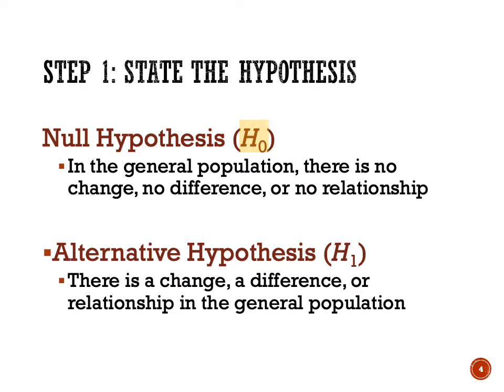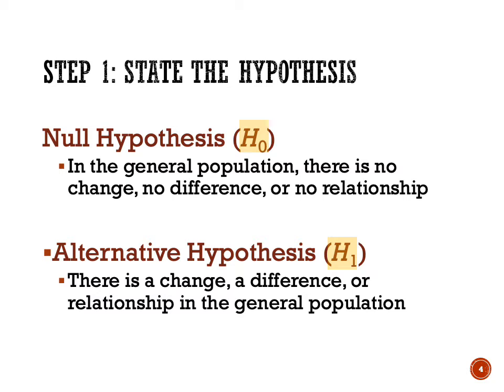The alternative hypothesis is the contender. So this is that there is an effect, there is a change, there is a difference, or there's a relationship between whatever variables you're studying. And so that's denoted as H sub 1, or some people use H sub A for alternative. So with hypothesis testing, we're testing the null hypothesis.